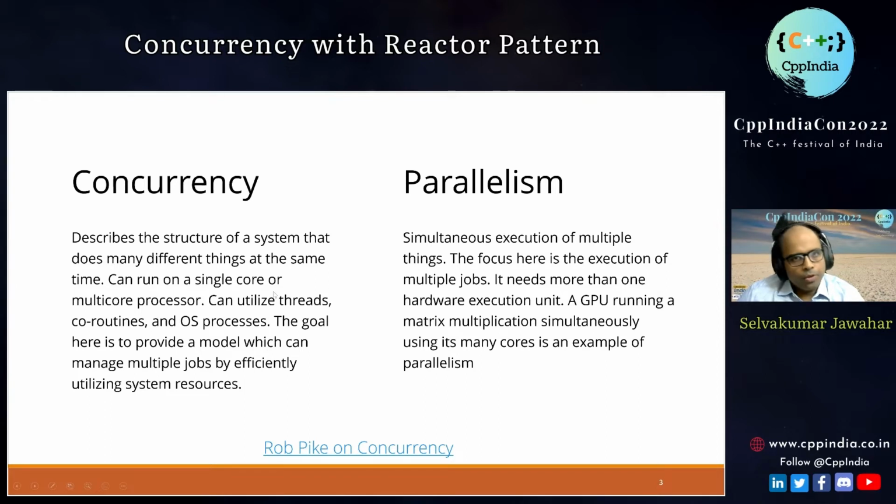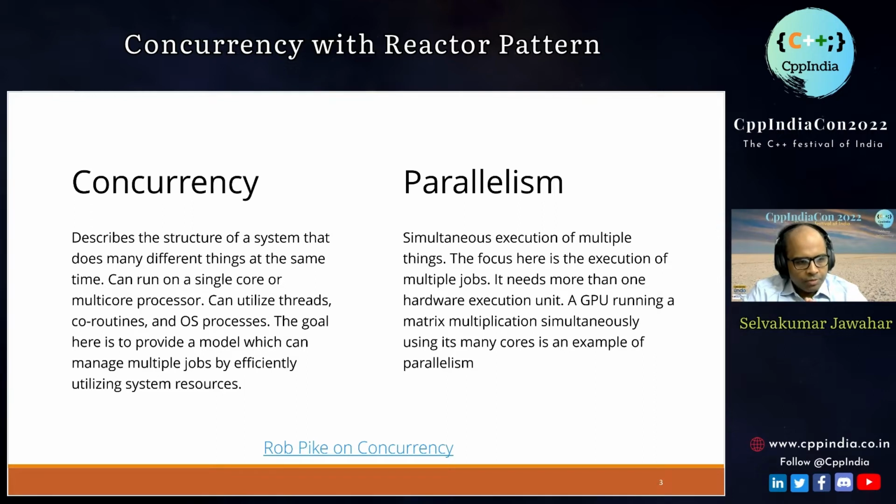For me, concurrency is something which describes the structure of a system. Concurrency defines how different components of a system interact to achieve certain jobs which run at the same time.